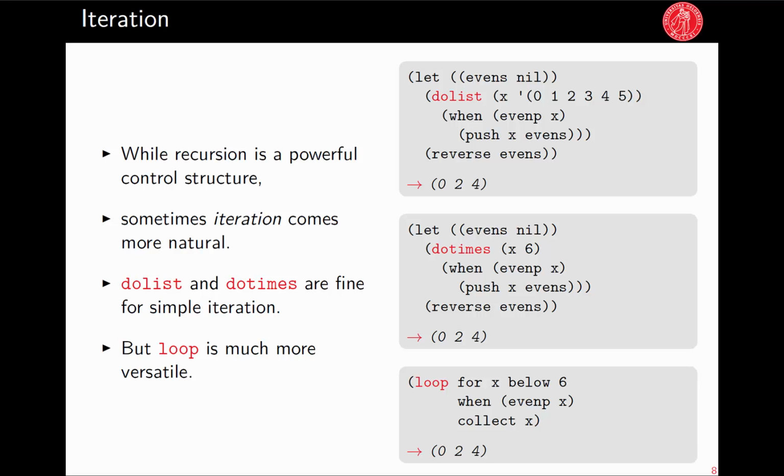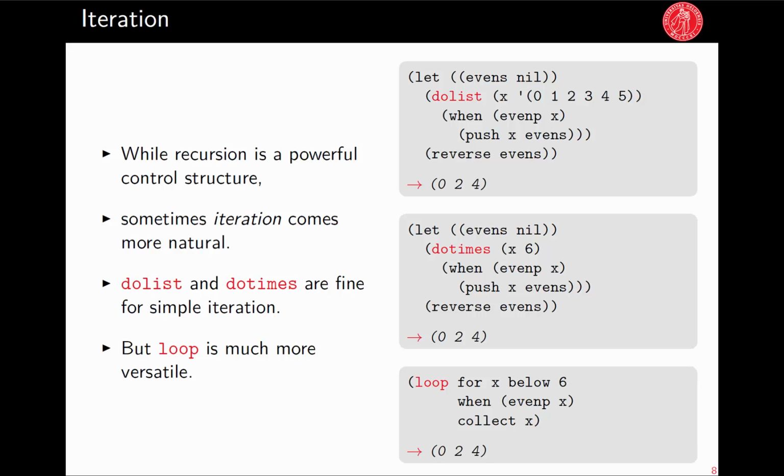So we immediately see here that this doesn't really look that much like Lisp. Sure, dolist and dotimes are both themselves special forms defined as macros with their own peculiar semantics in terms of how they introduce this local variable x and bind that to successive values across the list in the case of dolist, for example. But still, it more or less looks like Lisp code, at least if you go by the number of parentheses, right? But for loop, things look a bit different.